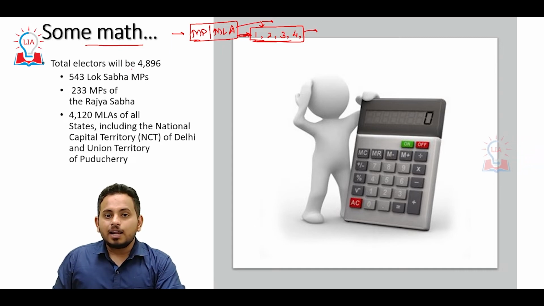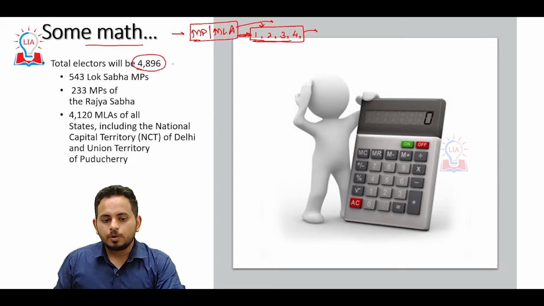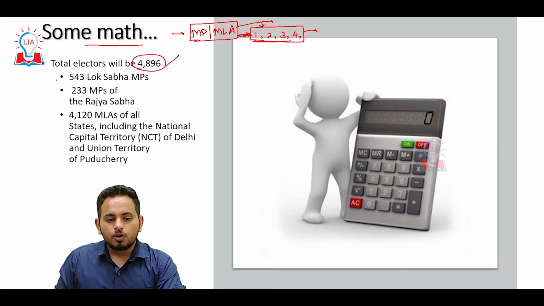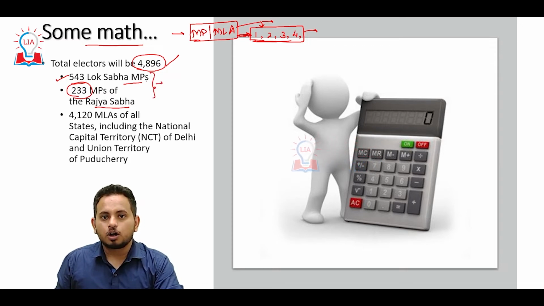The total electors will be 4,896, which will involve 543 Lok Sabha MPs, 233 MPs of Rajya Sabha. Remember, the nominated members of Parliament are not included. It includes only the elected members of Lok Sabha and Rajya Sabha.